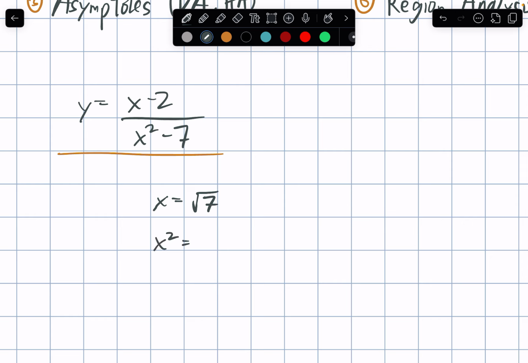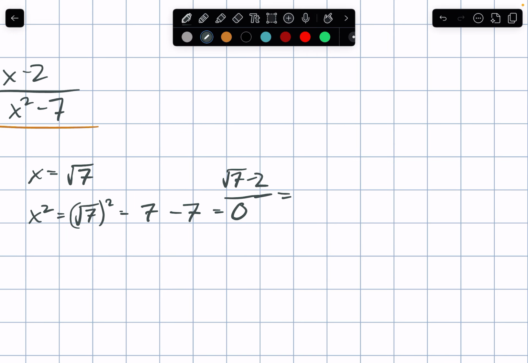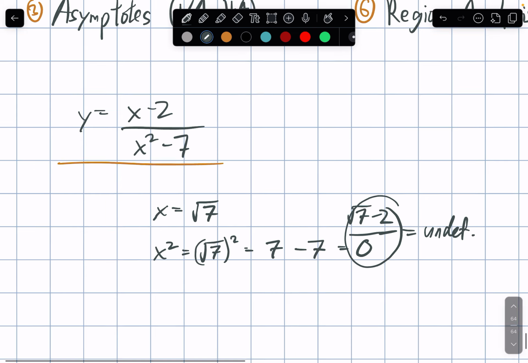In that case, x squared is square root of 7 squared, which is equal to 7. So the denominator will be equal to 0. And at the top, square root of 7 minus 2. You don't have to know exactly what that value is, but essentially, this value is considered undefined.